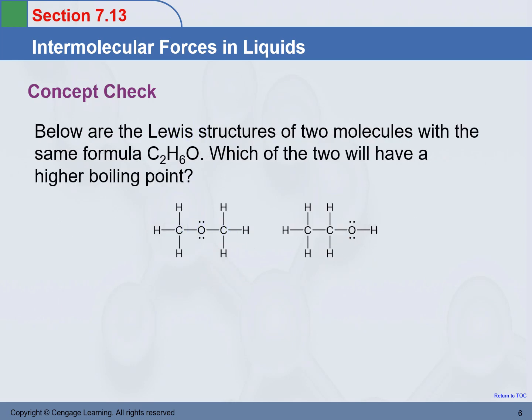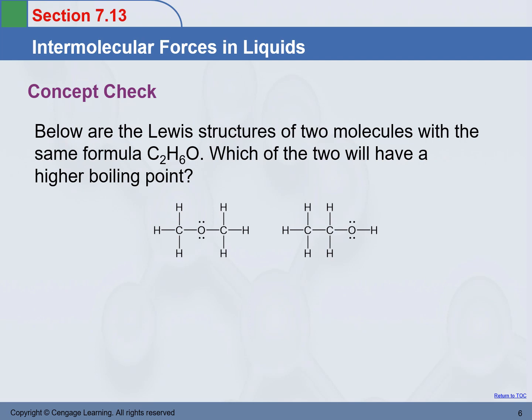Below are the Lewis structures of two molecules with the same formula. Both of these have 2 carbons, 6 hydrogens, and 1 oxygen in them. Which of the two will have a higher boiling point? Well, anytime a boiling point question is asked, it is a question about intermolecular forces. So which one will have a higher boiling point?